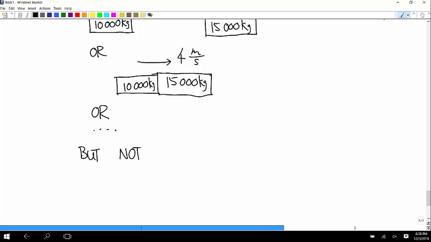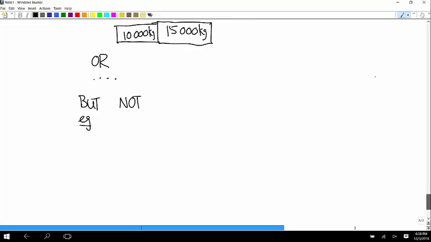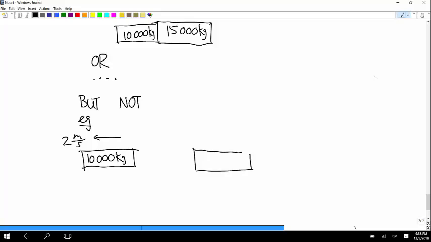So for example, let's say after the collision, the 10,000 kilogram train car is going this way at 2 meters per second. And the 15,000 kilogram cart is going this way at 10 meters per second.